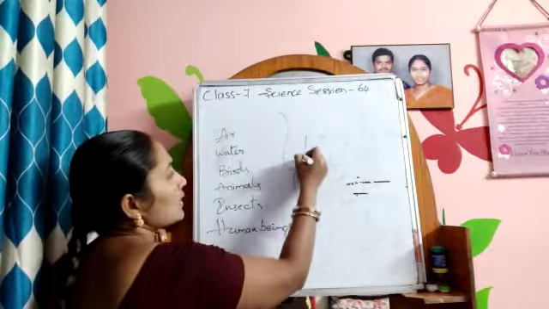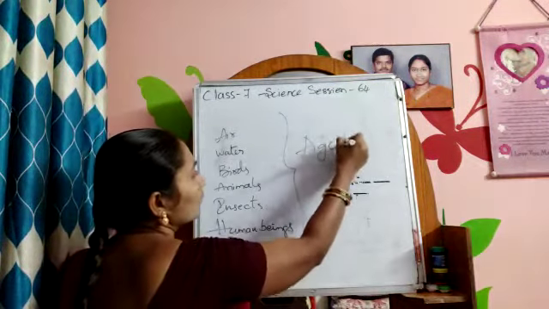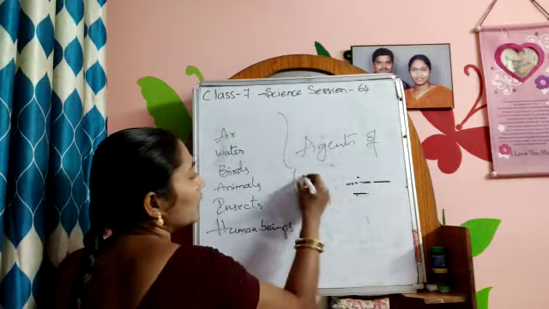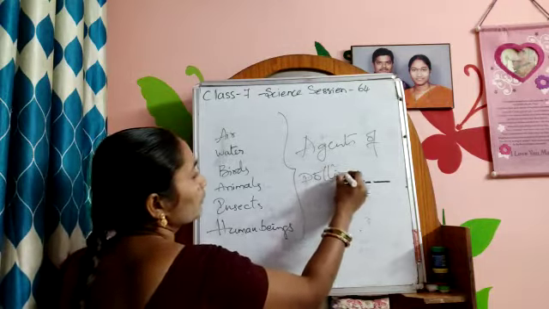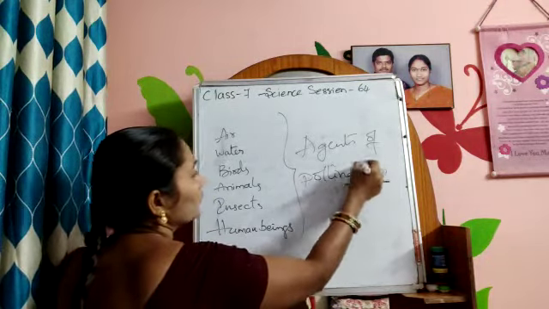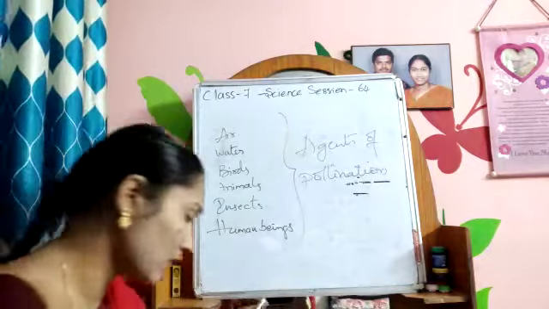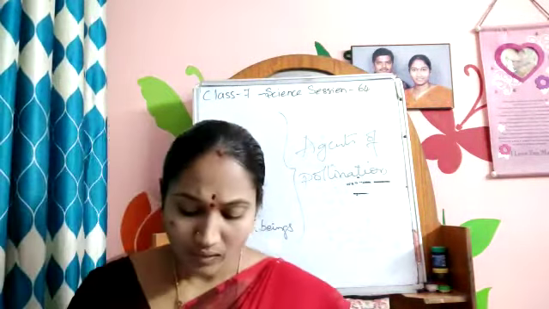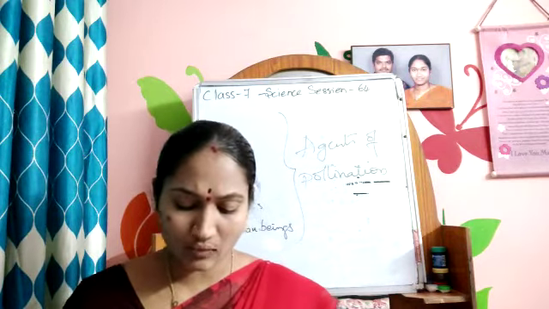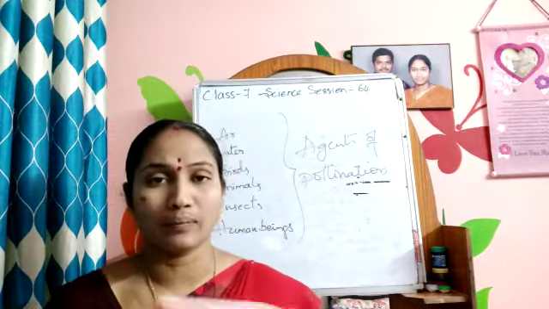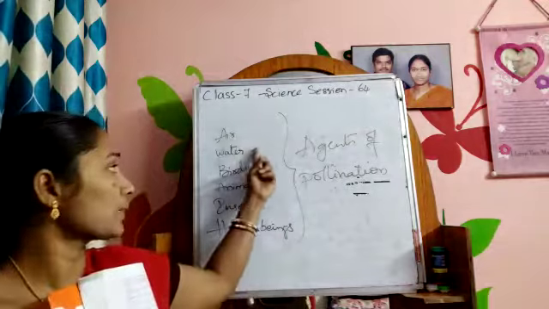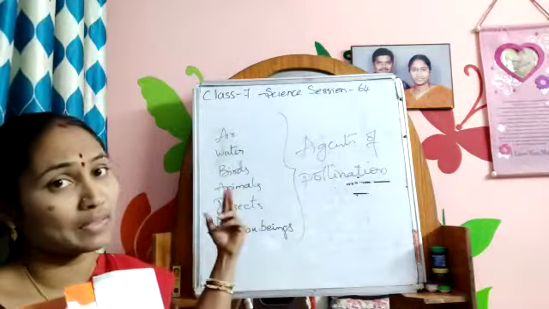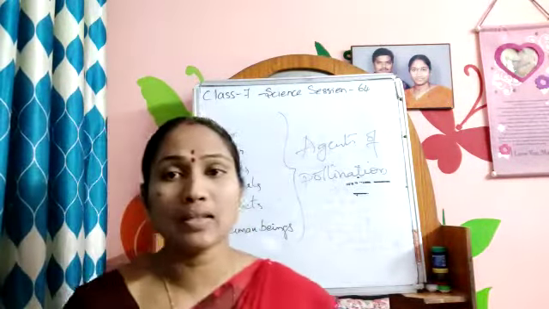All these are called agents of pollination. How? They carry pollen grains from the anther to the stigma. Sometimes air, sometimes water, sometimes birds, sometimes animals, sometimes human beings.